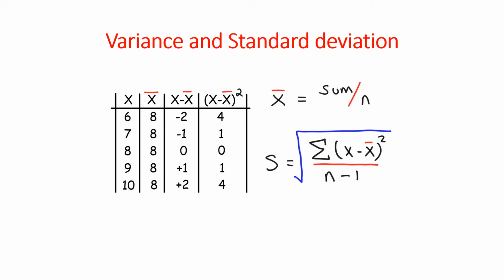In order to address this problem, statisticians came up with another measure of variability, which is called standard deviation. Standard deviation is just the square root of the variance. So you follow the same procedures to calculate variance, and you have just a final stage where you take the square root of the outcome of variance.